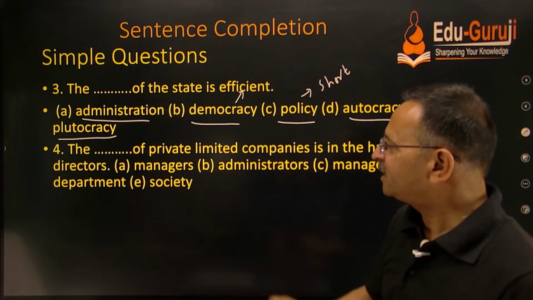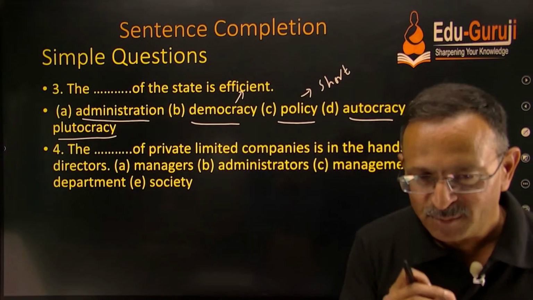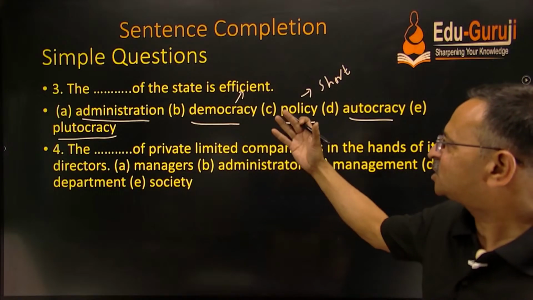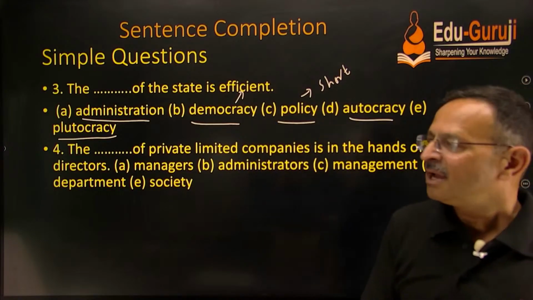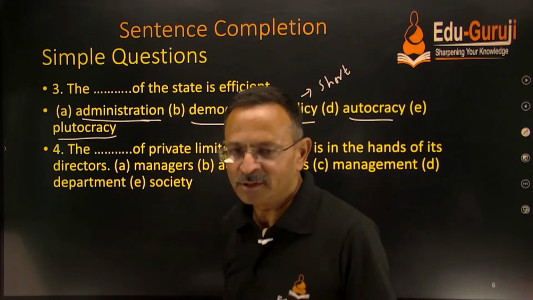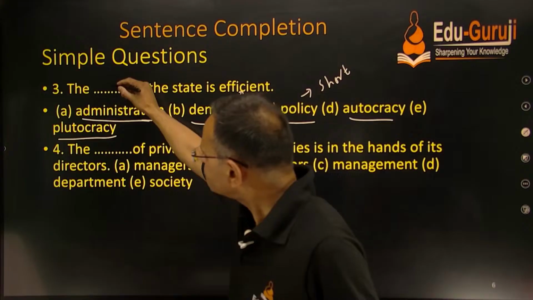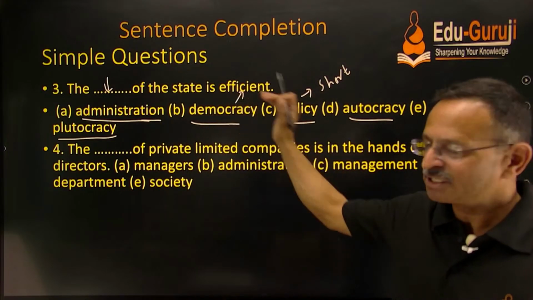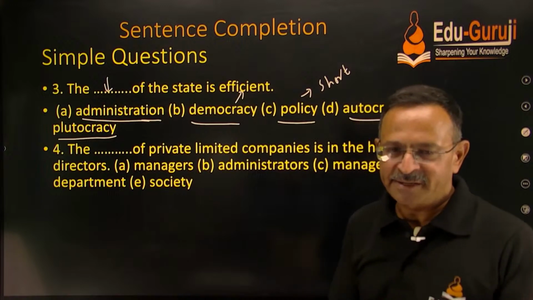So definitely the answer would be administration, and it goes well also, the administration of the state is efficient. And again, we know that administration is a noun. So it goes well with this particular option. I hope it is clear.